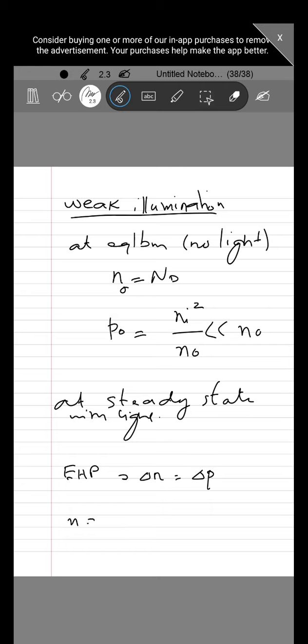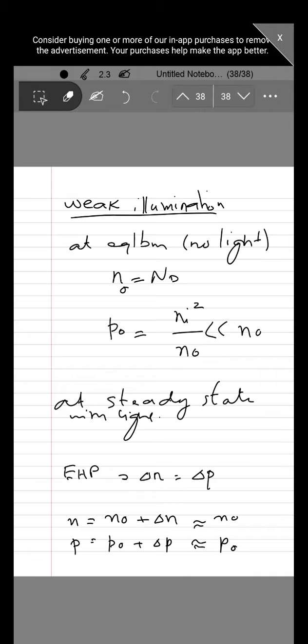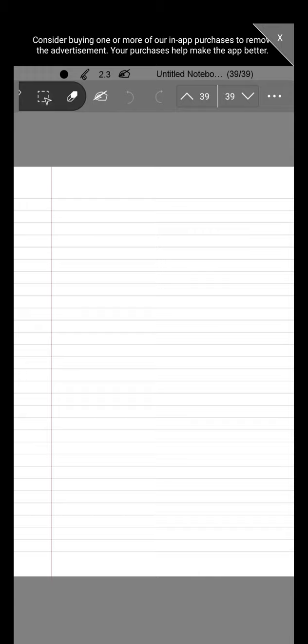So the total n is the number of electrons at equilibrium plus delta n, which is almost equal to n0, since delta n is small, and also p is equal to p0 plus delta p, which is almost equal to p0. In weak illumination, only minority carrier concentration change is considered.